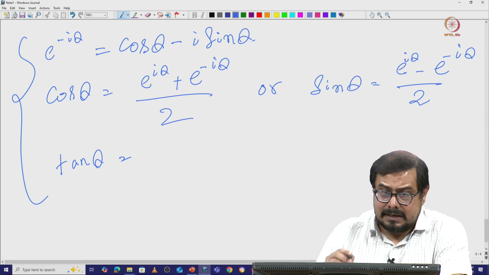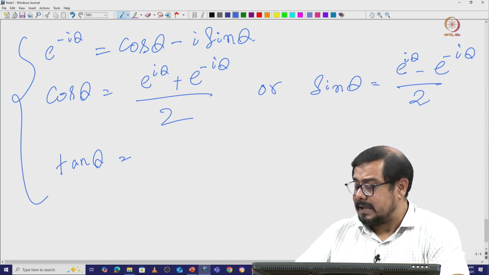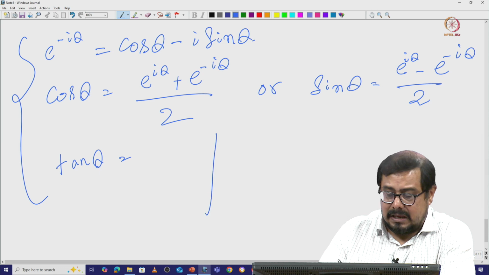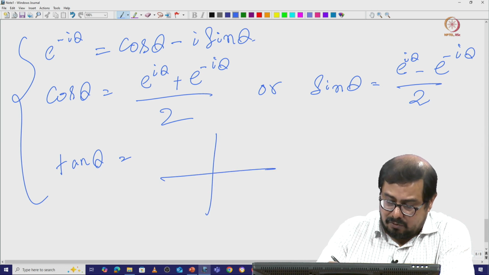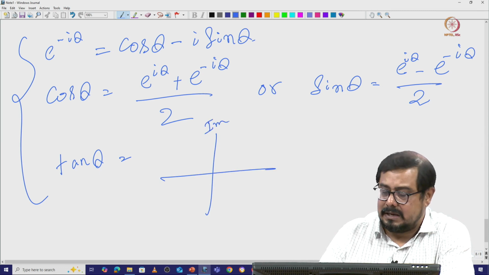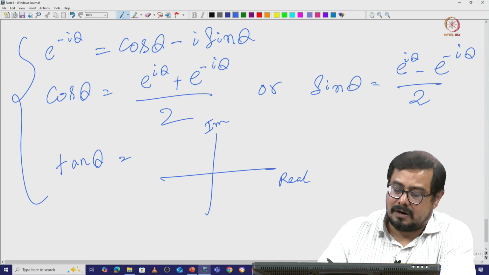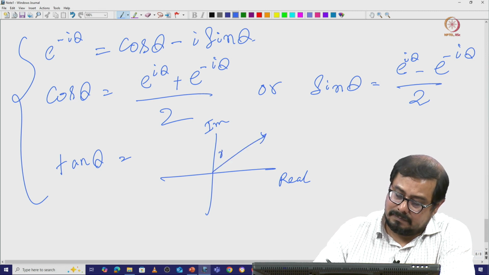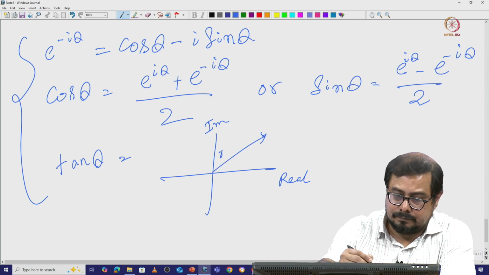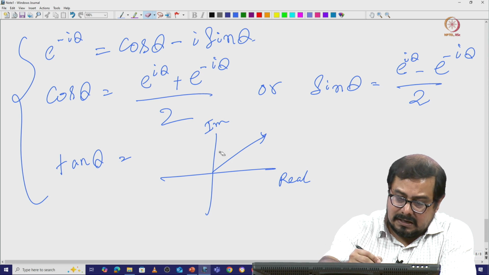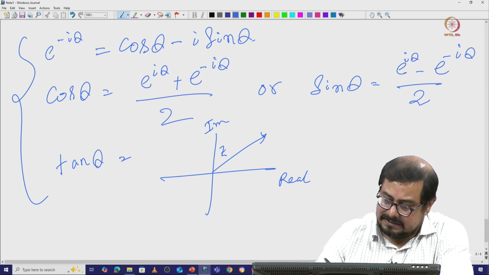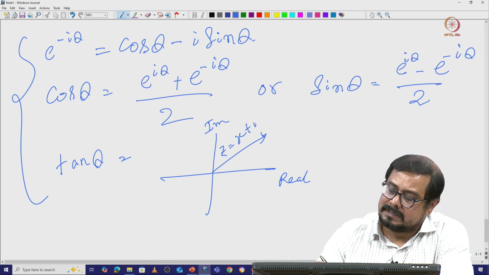But here one important part is that if we have a wave with imaginary and real terms, that is z equals x plus I y.